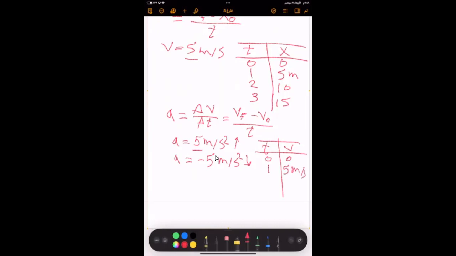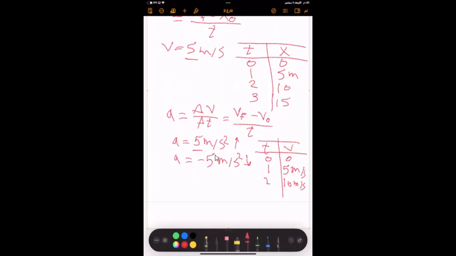After 2 seconds, it will be 10 meters per second. The velocity changes by an equal amount each second. This is what we call constant acceleration. The acceleration here is constant.